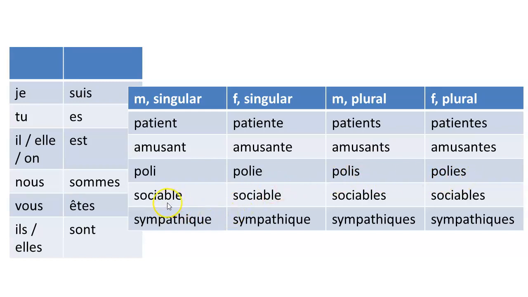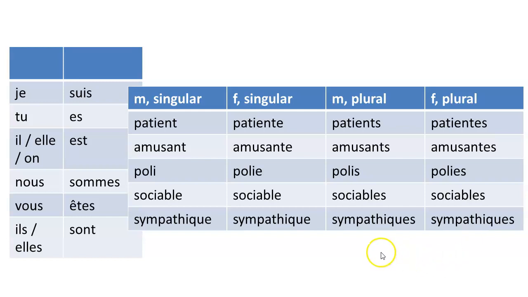Now, sociable, remember I said it had only one form for the singular, so masculine or feminine, it's the same, sociable. And then plural just adds the S, sociables. And then sympathique means nice, and so that just has a masculine singular and a feminine singular form. And then the plural just adds the S, sympathiques.